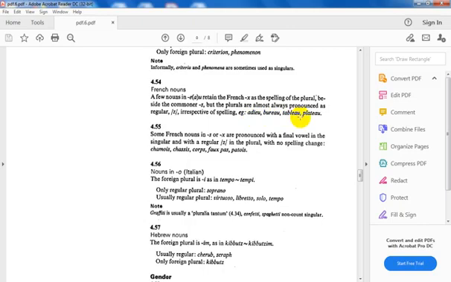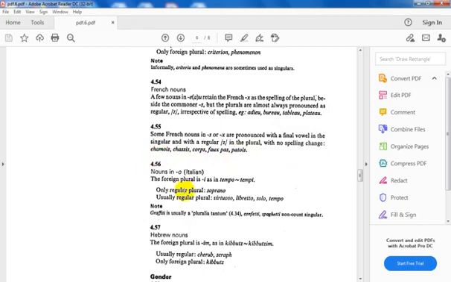They are French nouns. And don't pay more attention concerning the French nouns here. Some French nouns in S or X are pronounced without the final consonant in the singular word and with a regular Z in the plural, with no spelling change. Cameos, chassis, corps, faux pas, patios.